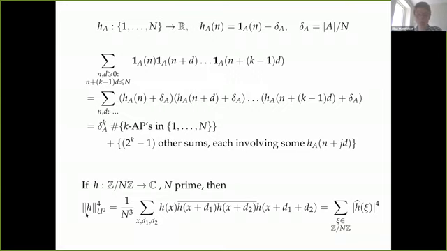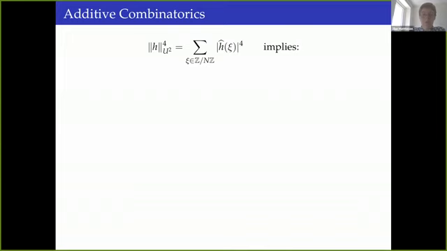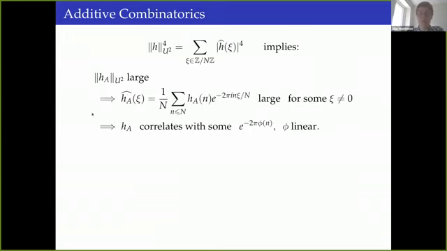And why is that interesting? It is interesting because it allows us to examine the case where the uniformity norm of such a function HA is large. If the U2 norm is large, then at least one of the terms in this sum must be large. So if HA has a large U2 norm, it must have a large Fourier coefficient.